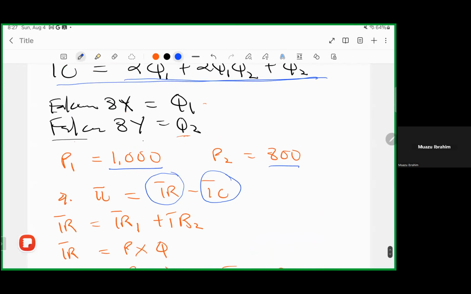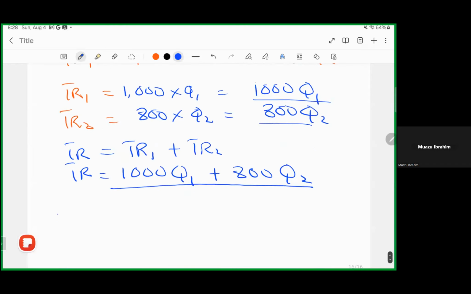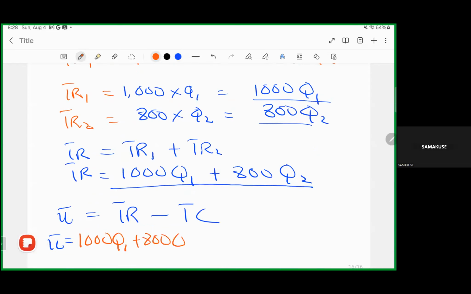Because profit is total revenue minus total cost. So our profit will be equal to total revenue, which is 1,000 Q1 plus 800 Q2, minus our total cost.